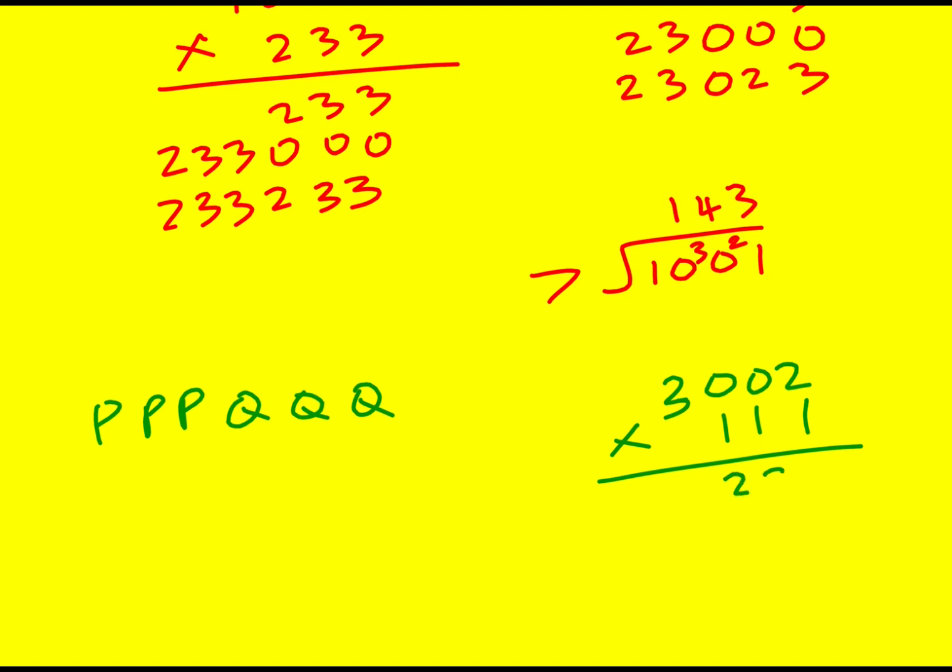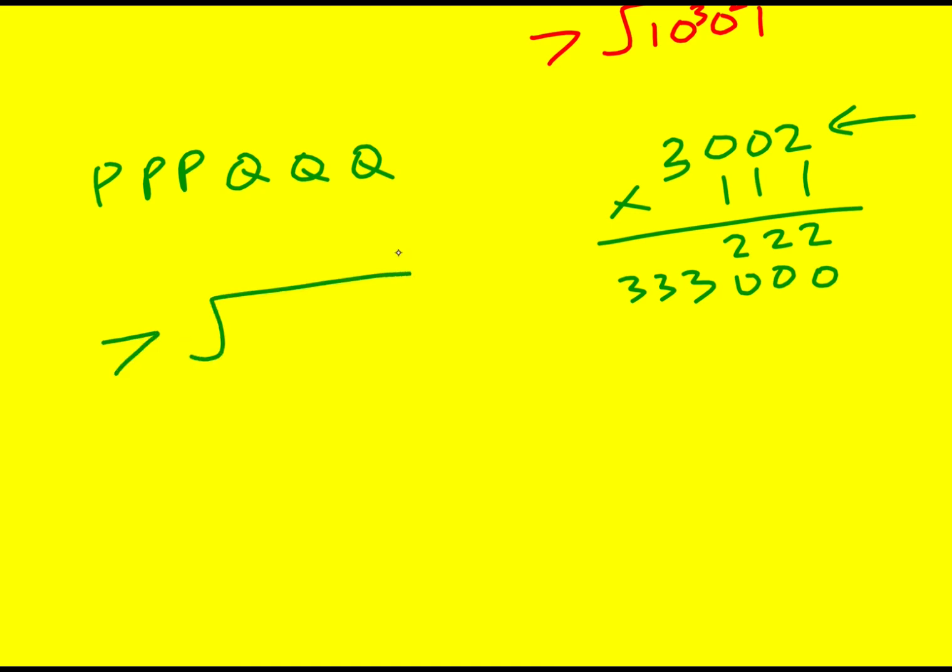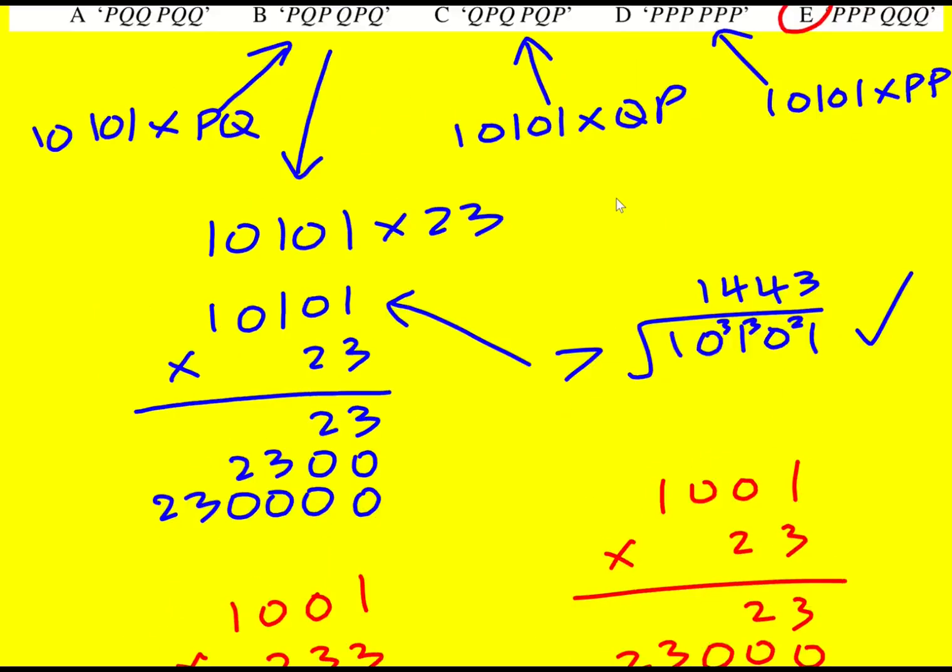So we're going to get 222, and then 000, we multiply by the 3000, and then 333. So that will give 333222. Now we can definitely pick P and Q such that 7 won't go into this number. So the question remains, does 7 go into 111? 7 goes into 11 once, remainder 4, and then it goes into this one 5 times, remainder 6. So that is a reason why it doesn't go into it.